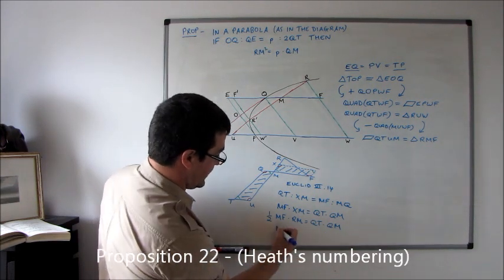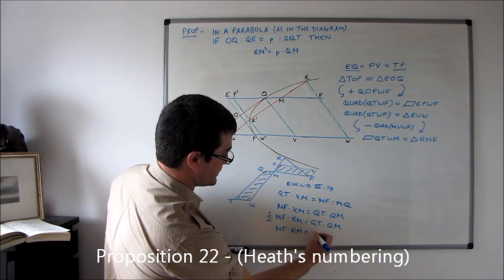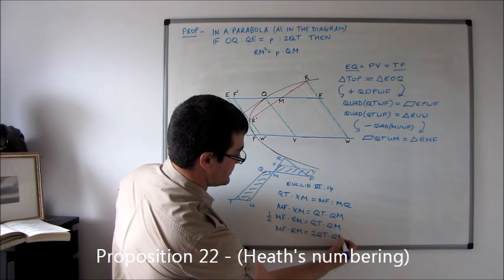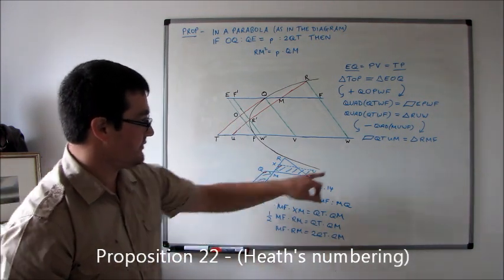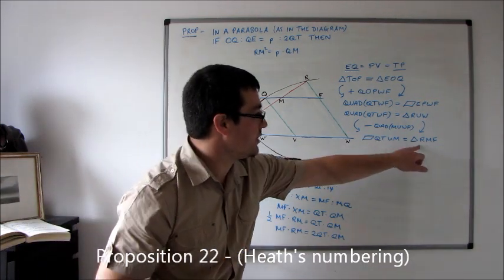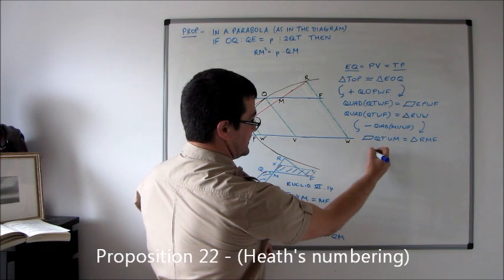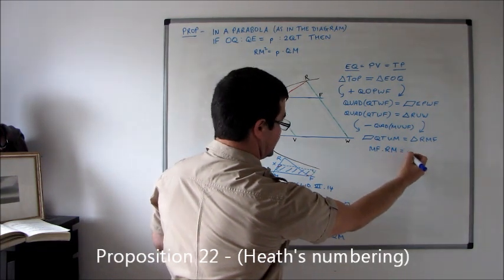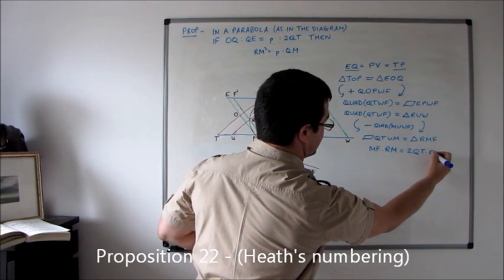So therefore MF times RM is equal to 2 QT times QM. So this equality implies that MF times RM is equal to 2 QT times QM.